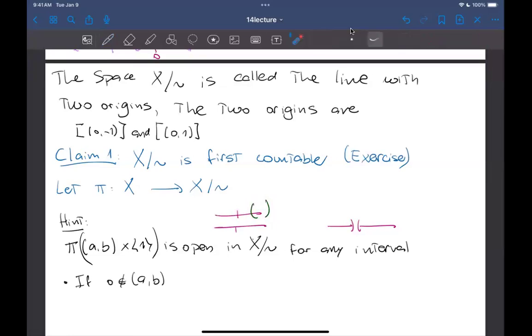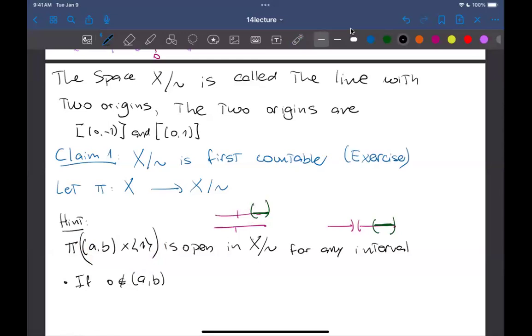So the first case will be if 0 is not in the open interval (a, b). Then how do we prove something is open? Well, the idea with this set, it's going to look like this, from a to b. How do you prove something is open? You need to compute its preimage under phi. That's the definition of the quotient topology.